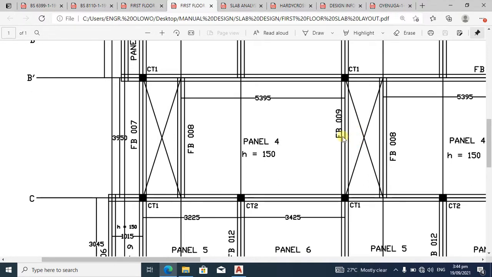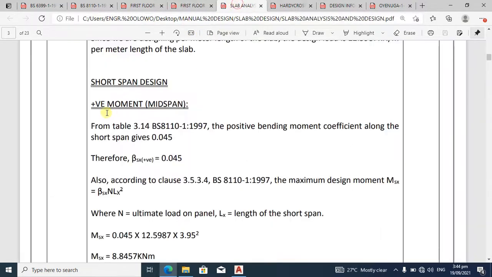So eventually we will be calculating two different moments along the shorter span, while along the longer span we will calculate only one moment, and that is the midspan moment. So we're going to start with the short span design. We have a positive moment around the midspan.